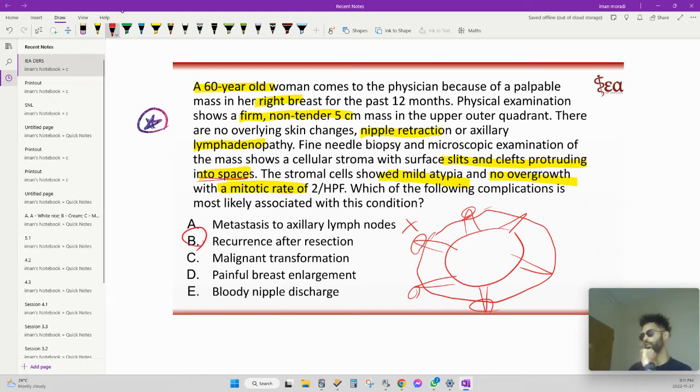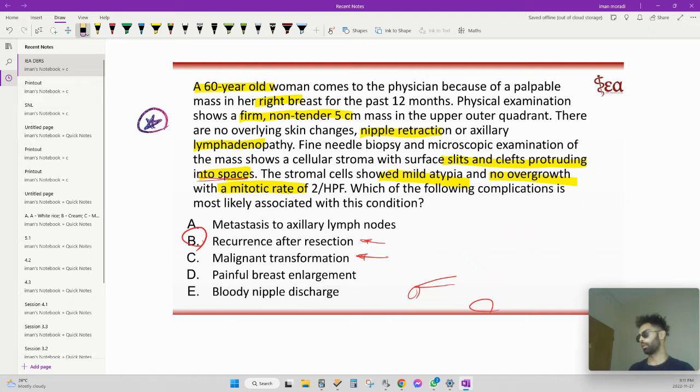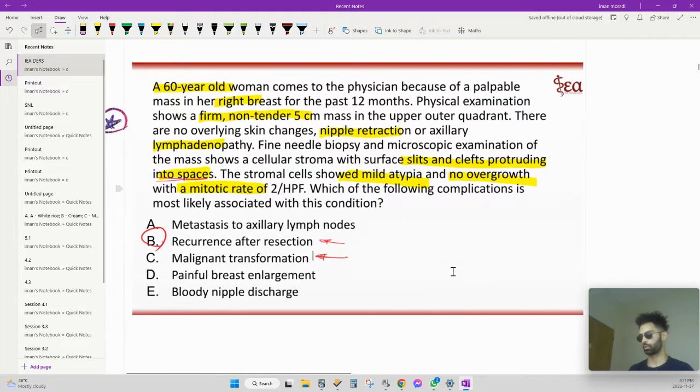Even though malignant transformation is possible, you also get recurrence, and that's the same case with pleomorphic adenoma of the parotid glands. Same story. You get recurrence because you have those invasions into the tissue around you. Yeah, B.